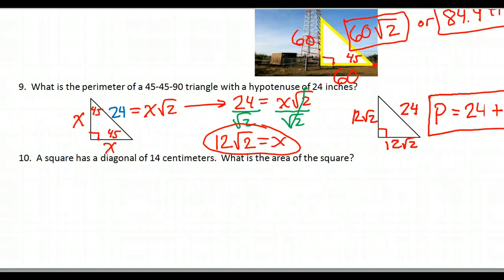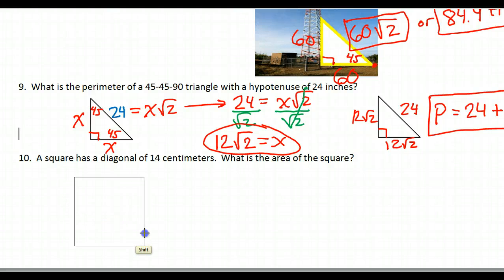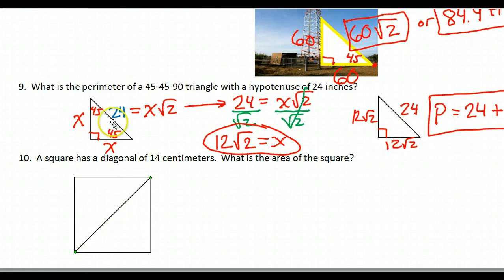Now, a square has diagonal 14 centimeters. So let's see what's up with that. Here's a square, and here's a diagonal. Since this is a square, these are 90-degree angles.